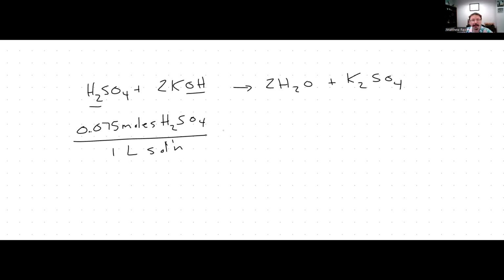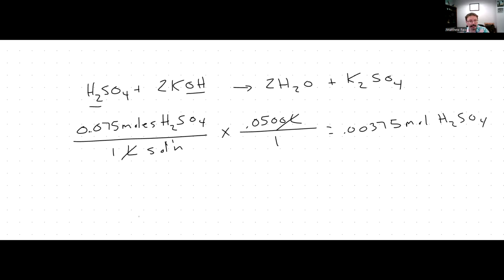I can multiply that by the volume. We had 50 milliliters or 0.05 liters. So when I do that, we get 0.00375 moles of our sulfuric acid.